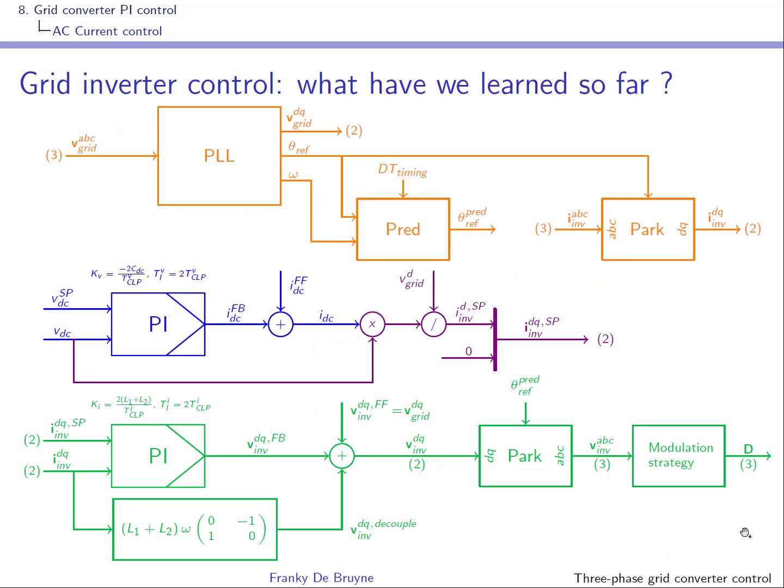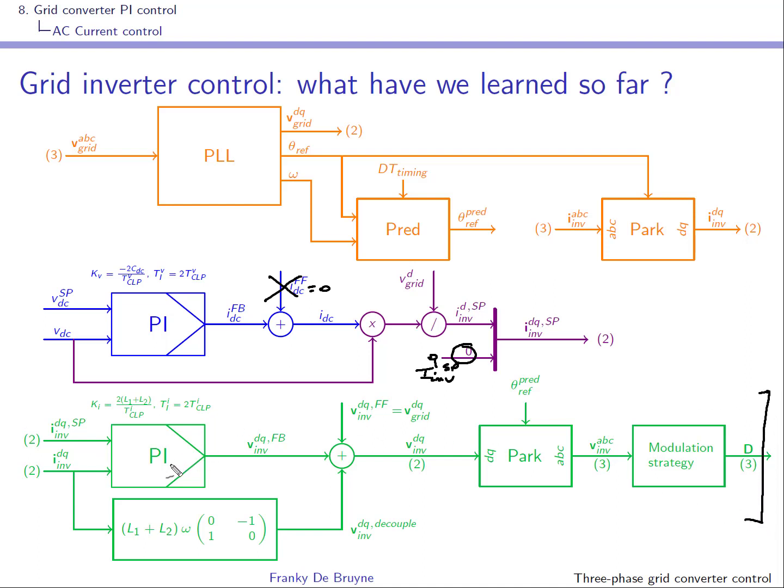So what have we learned so far? We've seen that over here in the exercise, you can set it to 0. This thing here, you can make it a variable and call it einf q set point, and then use it to experiment and to exchange reactive power with the grid. And this is the current loop that we have just introduced.